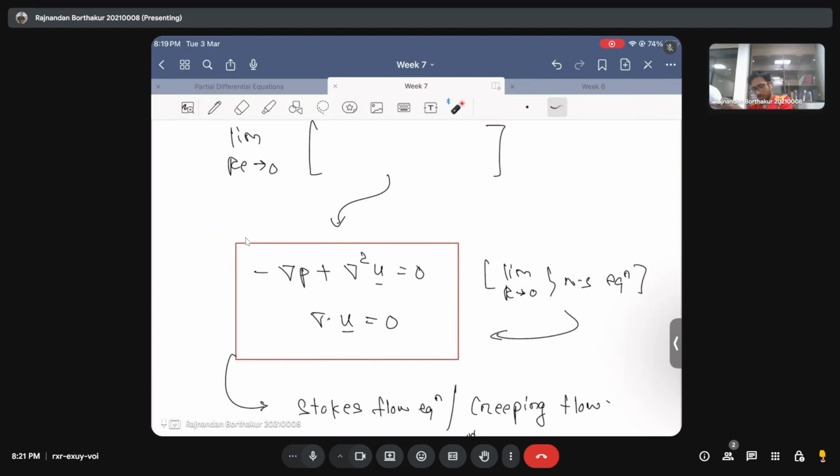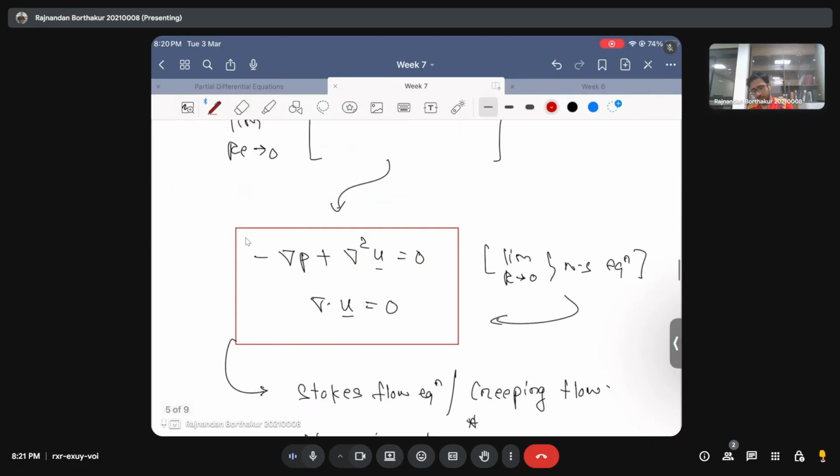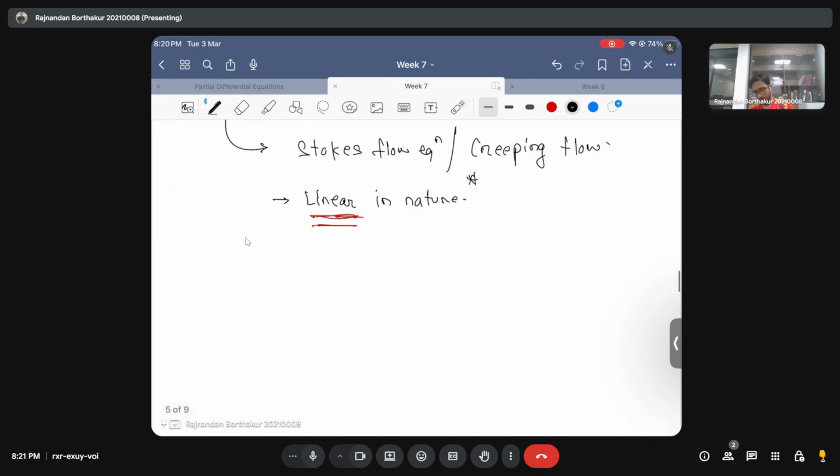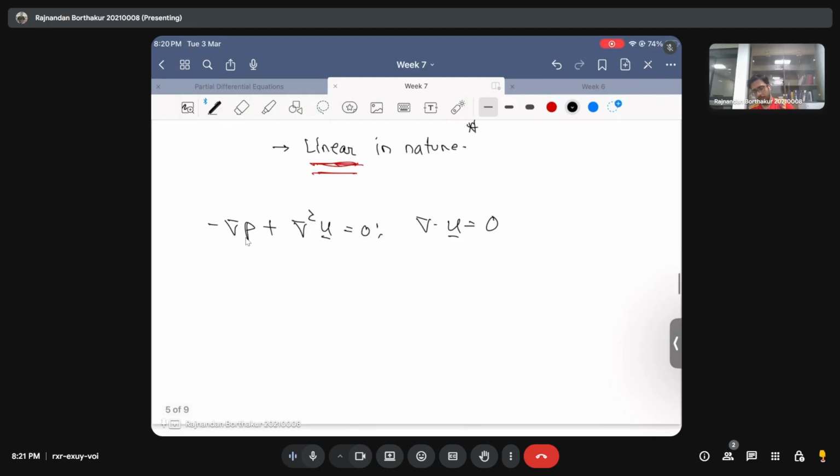this is one aspect. The second aspect is, when you are solving the Stokes problem, you have this equation, minus gradient of P plus del square u equal to 0, and then divergence of u equal to 0. Since u is a vector field, it has three components in 3D space, so I have three unknowns.